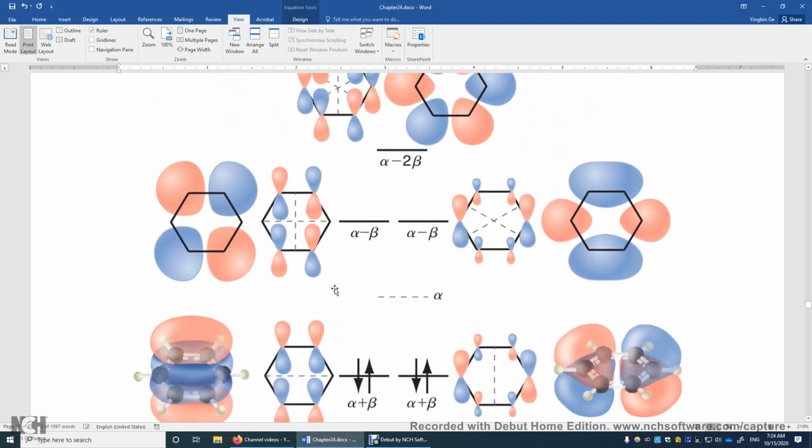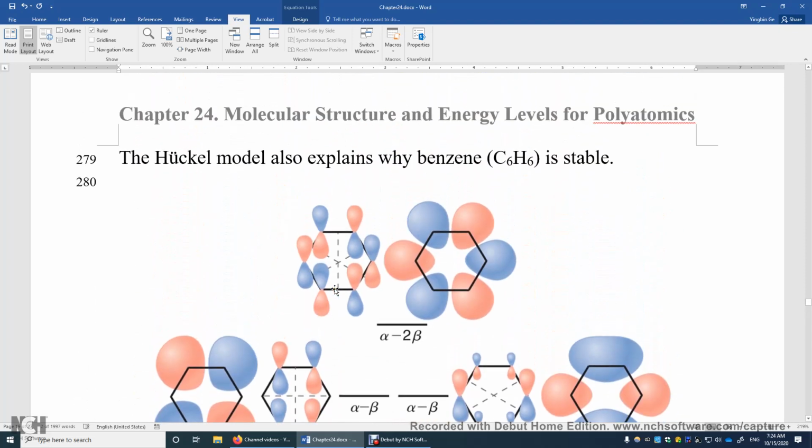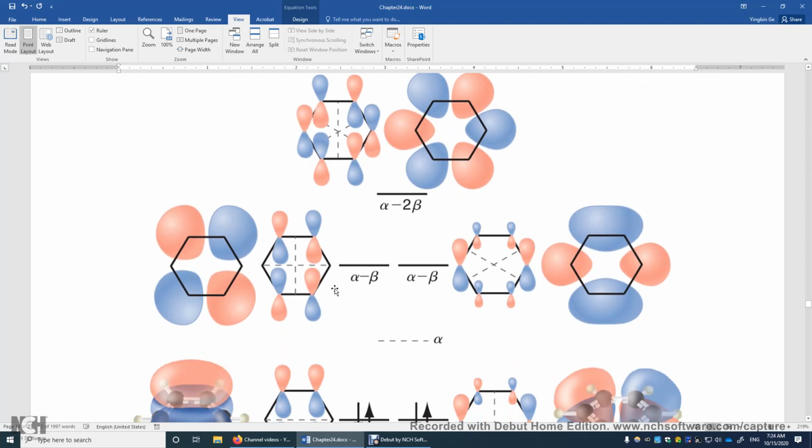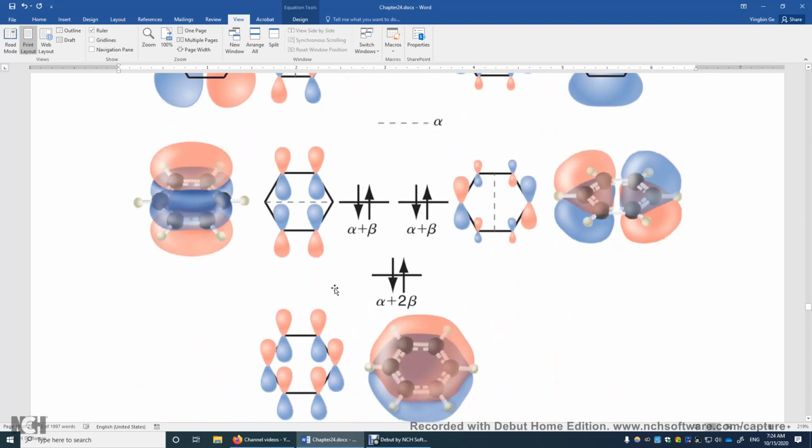All right, so there's a 4n plus 2 rule in organic chemistry for you to determine if a conjugation network is aromatic or anti-aromatic. It's aromatic when you have 4n plus 2 electrons. When n is 1, you have 6 electrons. So if you have a conjugation network in a ring, like here, a 6-member ring, when you have 6 pi electrons, it's aromatic.